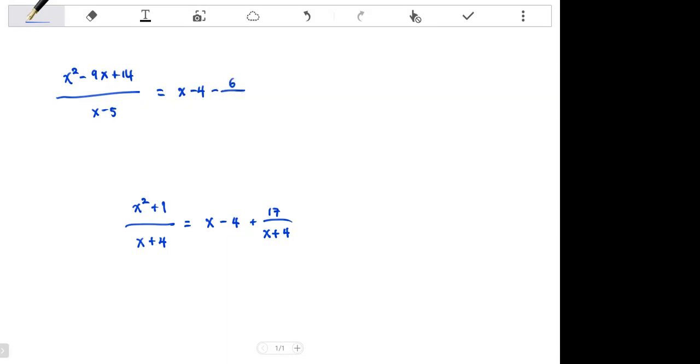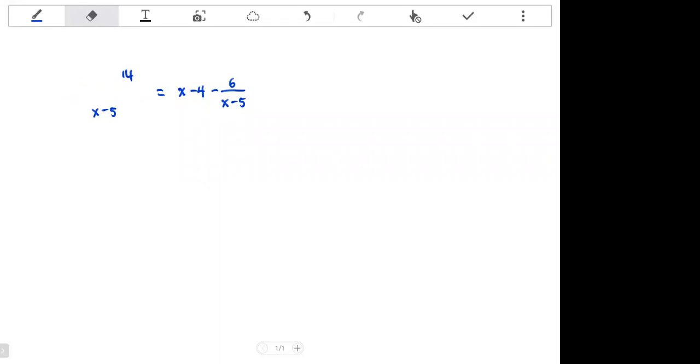Negative 6 over x minus 5. Did everybody else get this? Hopefully everybody else got the same answer. And let's move on.